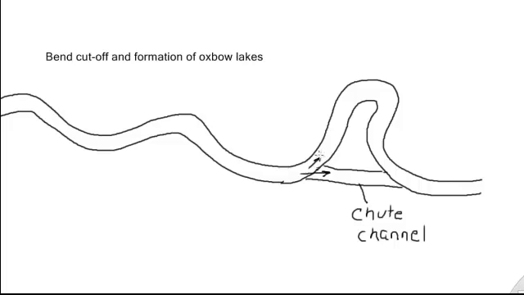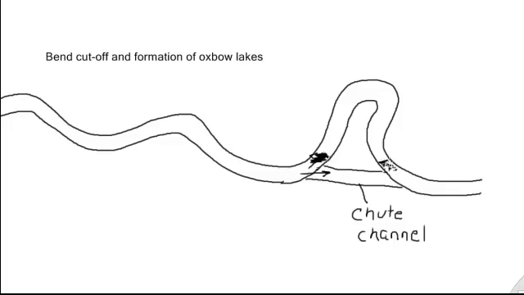So you start to get deposition as you get more and more sluggish flow in the old bend segment, and the deposition tends to be concentrated initially on the upstream and the downstream ends of that old curved channel segment. So what happens is that eventually that deposition is going to cut off that old bend from the main flow of the river.